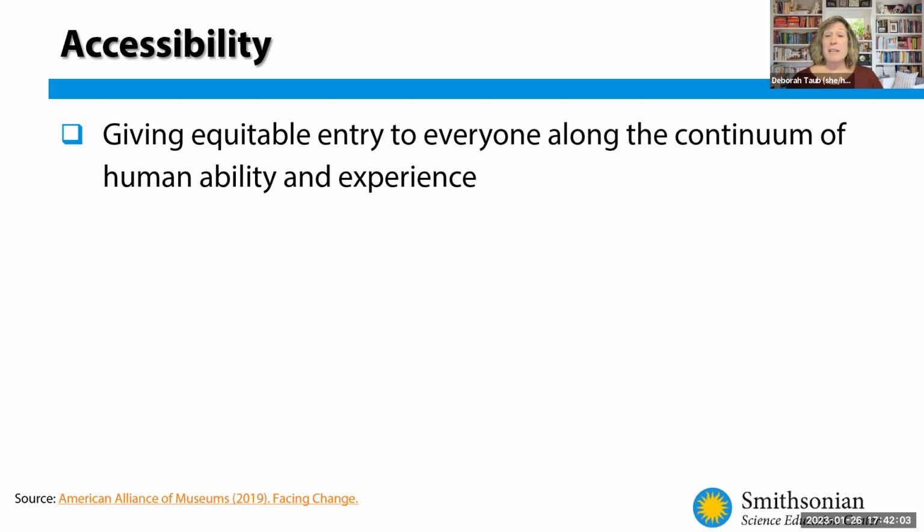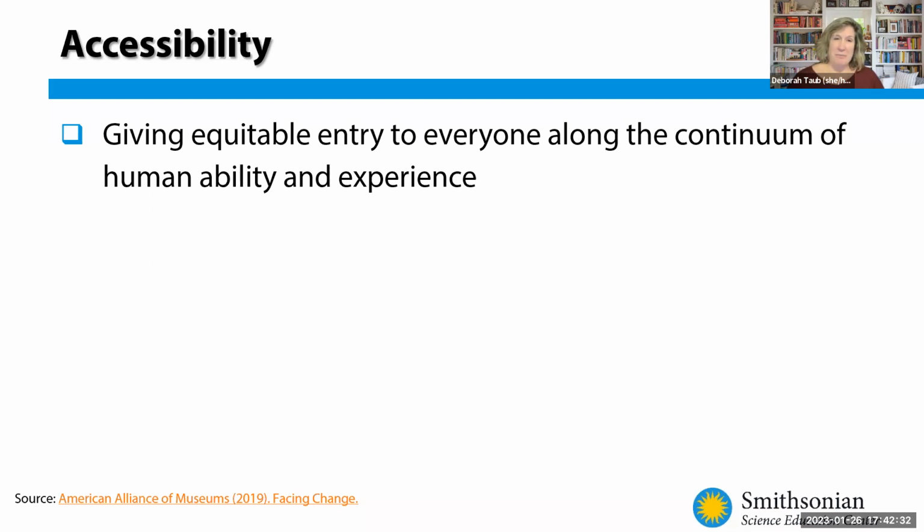And yet we know from brain research, from educational research, that if you're not engaged, everything else is kind of meaningless. So they moved engagement to the front because that's a basic component of accessibility. So part of accessibility is giving equitable entry to everyone along the continuum of human ability and experience.